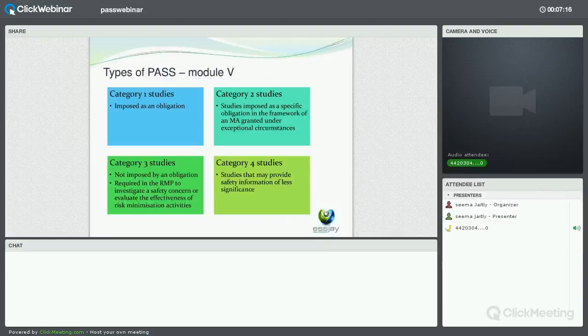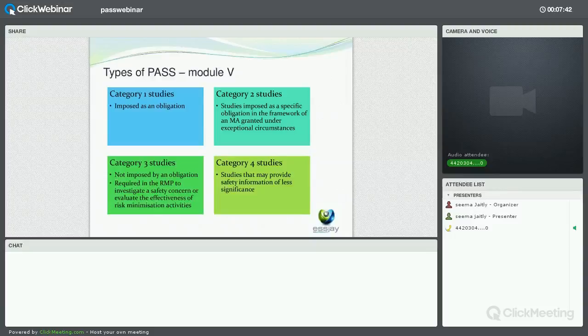So moving on, as we talked a little bit about the obligated studies and the voluntary studies, in Module 5 they have listed the different types of post-authorization safety studies to help complete the risk management plan, which is really what Module 5 is about. So here they've got 4 different categories. Category 1 is imposed as an obligation by the health authority.